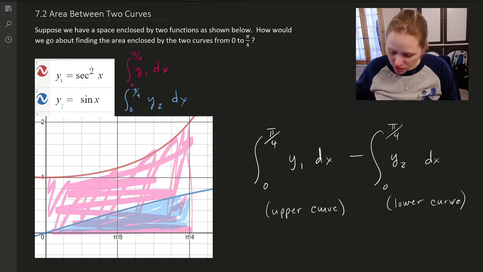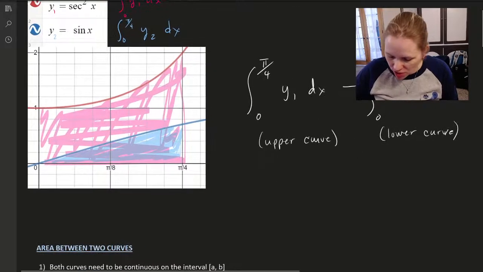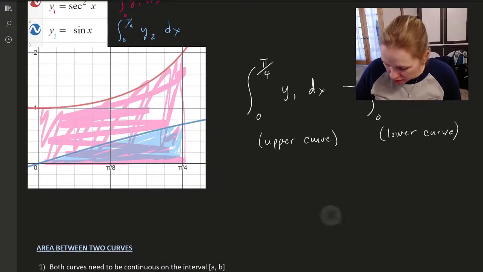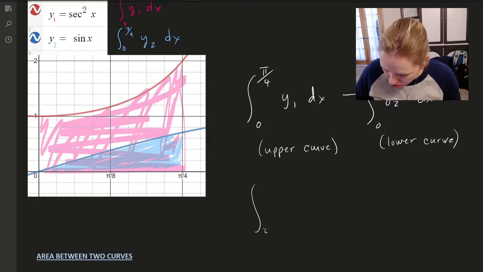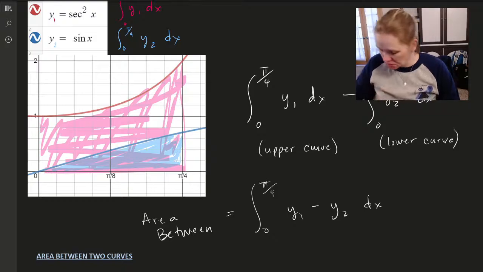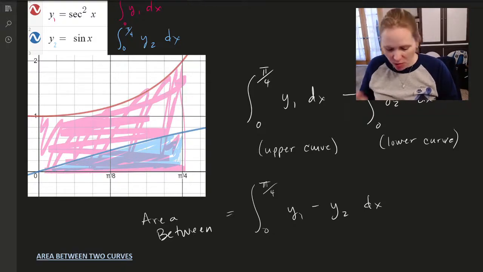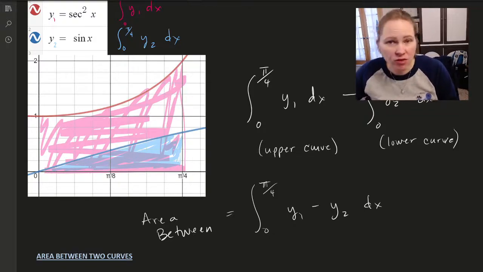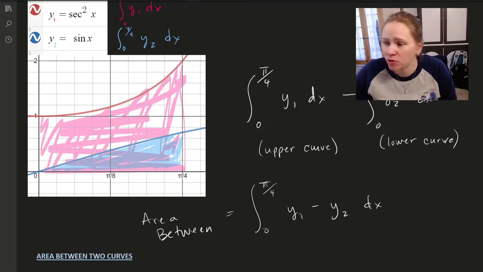And once we have this figured out, we can use the property of integrals and combine them into one integral from 0 to pi over 4 of the upper curve y1 minus the lower curve y2, and that'll give me the area between. Now we have a nice, easy way to think about what's going on. We can now use our graphing calculator and find the area between the two curves.